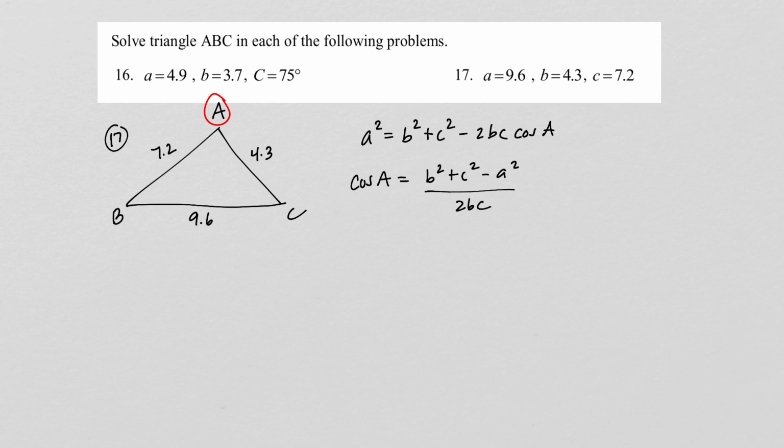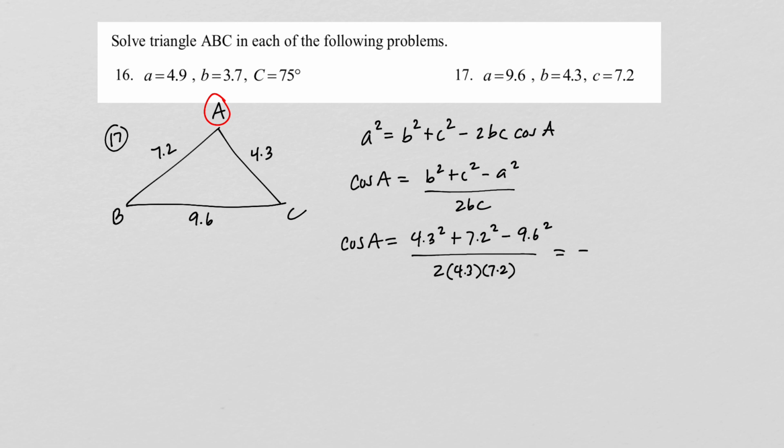Now we just have to plug everything in. So cosine of A is going to be 4.3 squared plus 7.2 squared minus 9.6 squared, all divided by 2 times 4.3 times 7.2. And this is a value, so let's go ahead and calculate that value.